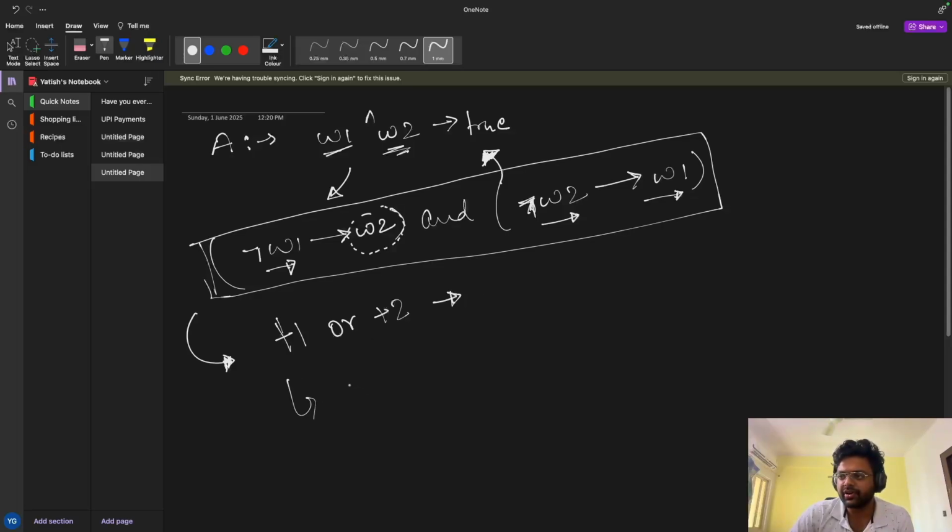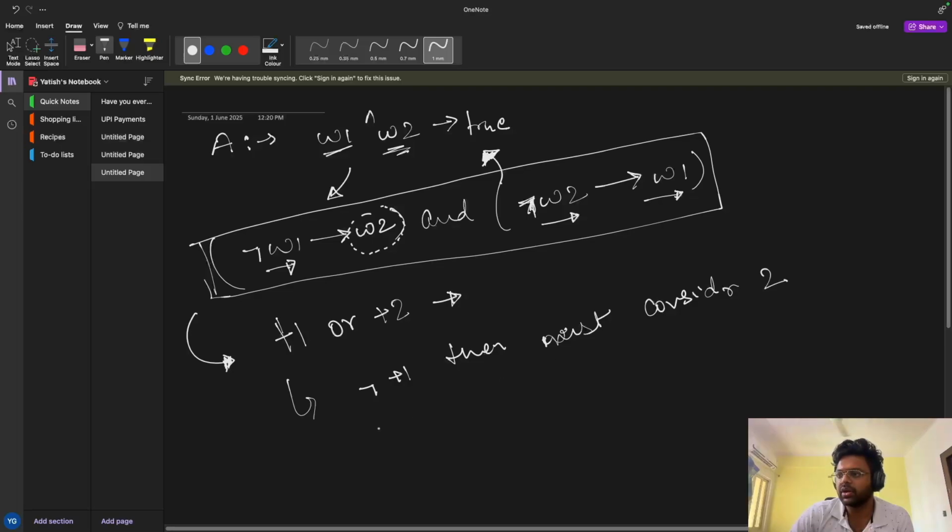So if I do not take plus 1, then I must consider topping 2, and if I do not take plus 2, then I must consider topping 1.